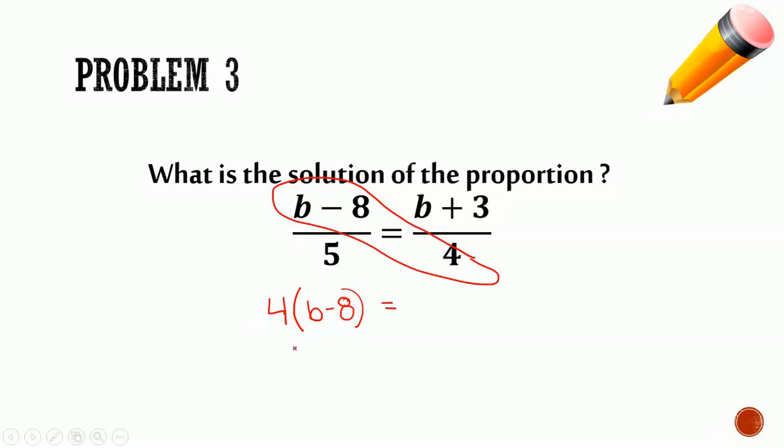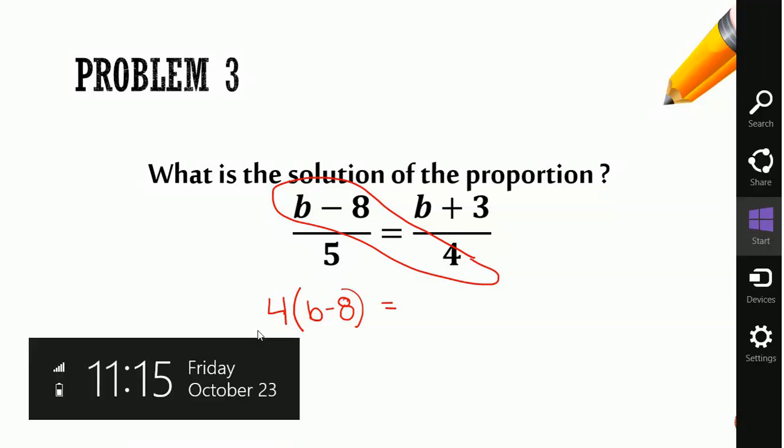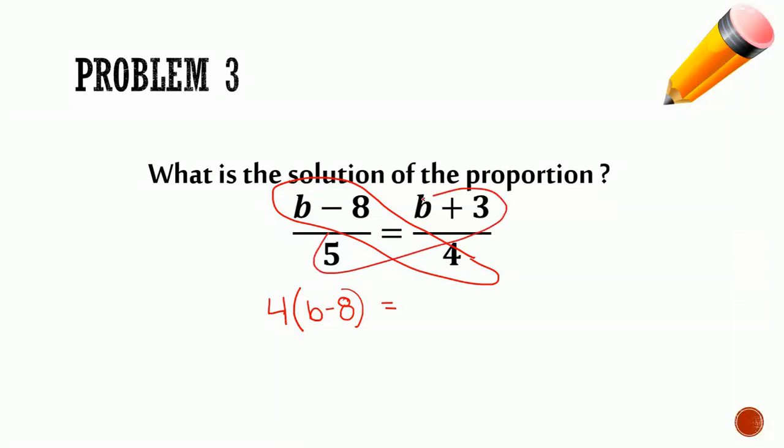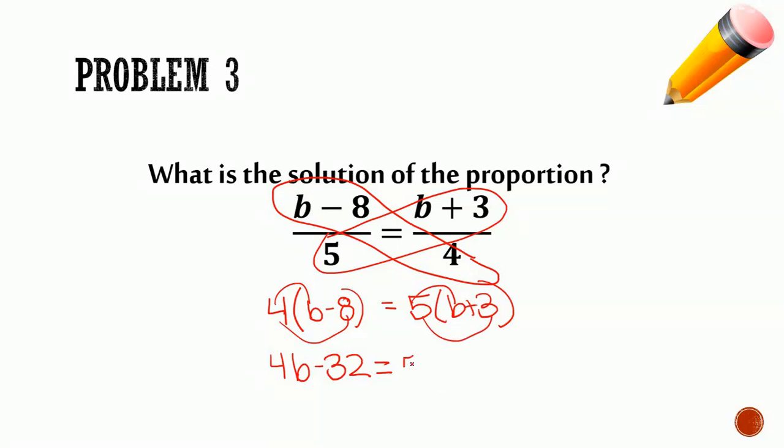You're only going to take 4 times b, which is not the same. And then we go the other way: 5 times b plus 3. Now, distribute our 4 using the distributive property, and distribute the 5, so 5 times b is 5b, and 5 times 3 is 15.